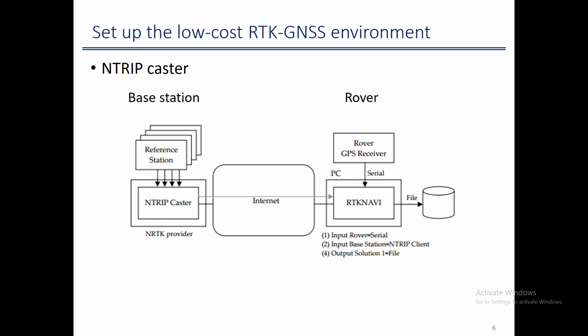Normally, they communicate via LoRa radio, that is long range radio. But NTRIP is a protocol used over the internet, so that the base and rover can communicate effectively. And because the internet is worldwide and global, the base and rover have a wider baseline for communication as compared to the LoRa radio.